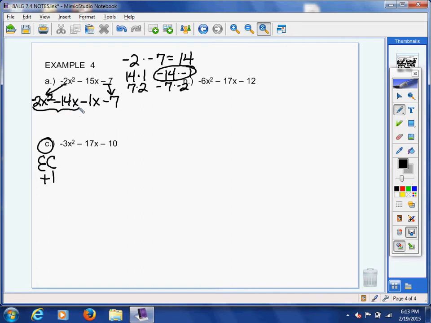Now with a leading coefficient that's negative, I normally pull out negative numbers. So let's pull out a -2x as our GCF, and that's going to leave behind an x plus 7. And then let's do the same thing with the -1x and -7. Let's pull out a -1, and that's also going to leave behind x plus 7.